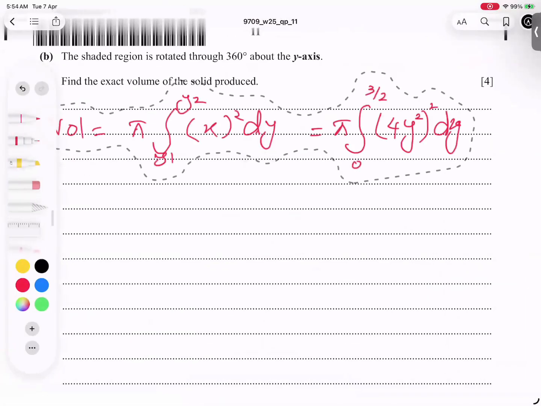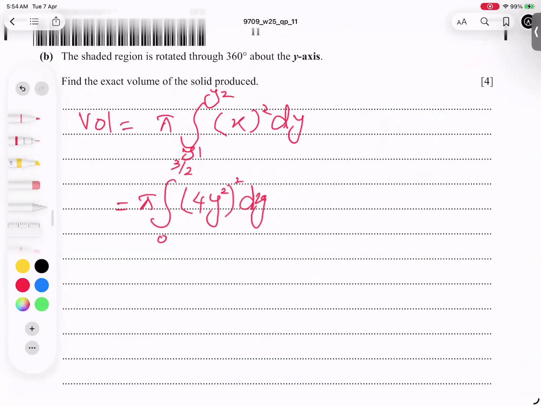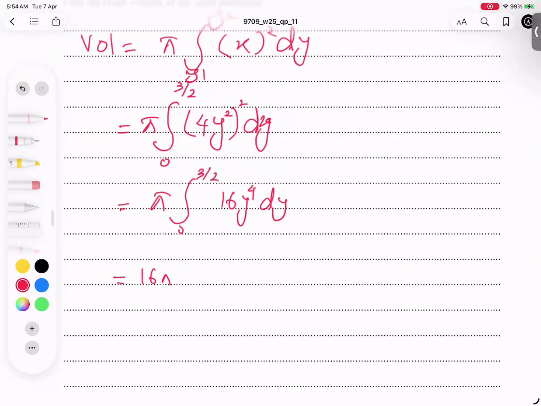So he asked for the exact answer. How do we do it, students? The square of this gives, from 0 to 3/2, 16y to the power 4 dy. 16 you can bring outside or keep inside, no problem.